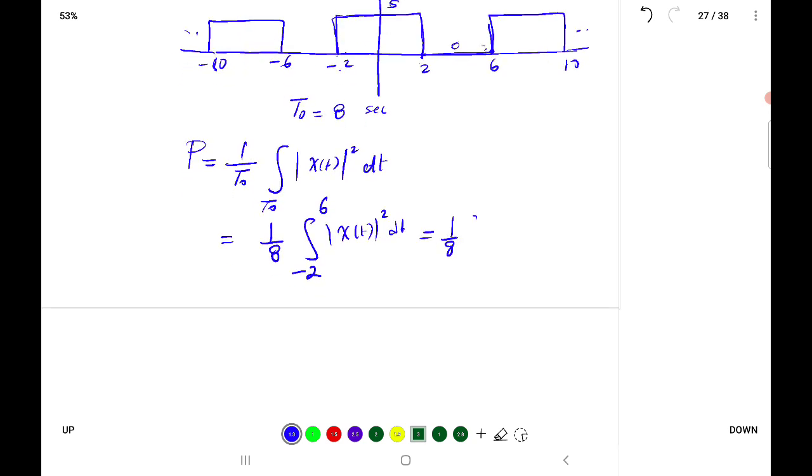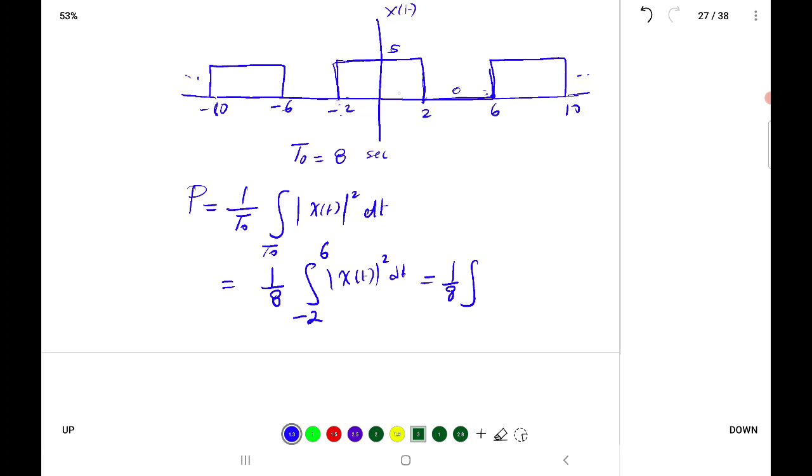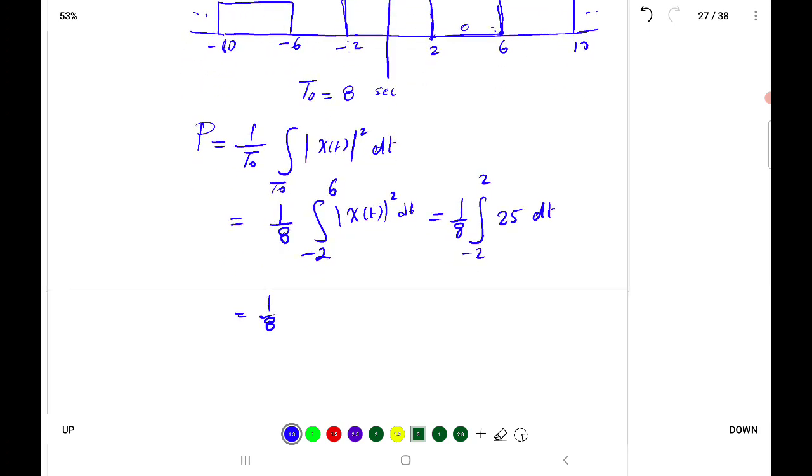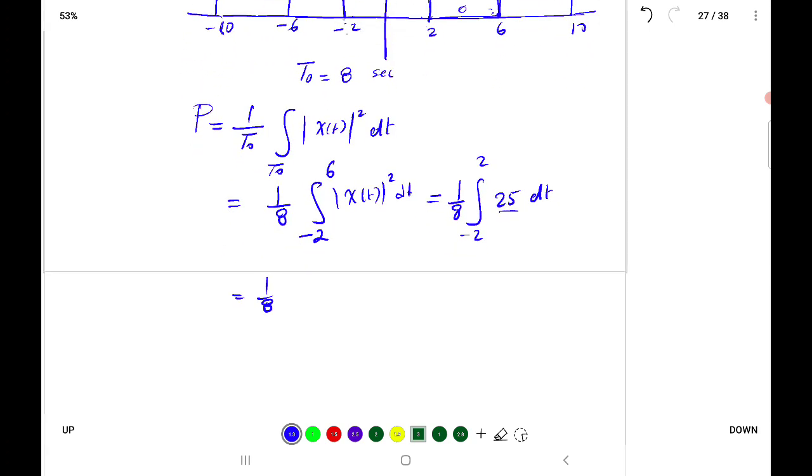Let's make it a little bit more detailed. 1 over 8, and from -2 to 2 the signal is 5, from 2 to 6 it equals 0. So I will just integrate from -2 to 2, where the function is equal to 5. When you square it, it will be 25 dt. So you have 1 over 8, integration of 25 will be 25t, and the limit from -2 to +2.